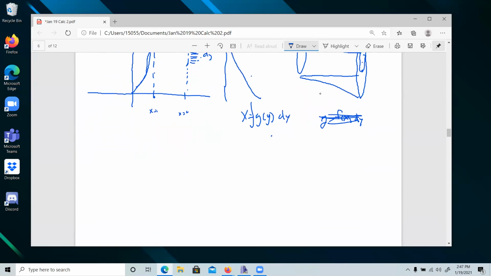We need something like this. So even though y is equal to 27x cubed, x cubed is equal to y over 27, and x is equal to y to the 1/3 over 3, right? 3 cubed is 27. So we've got something like this.